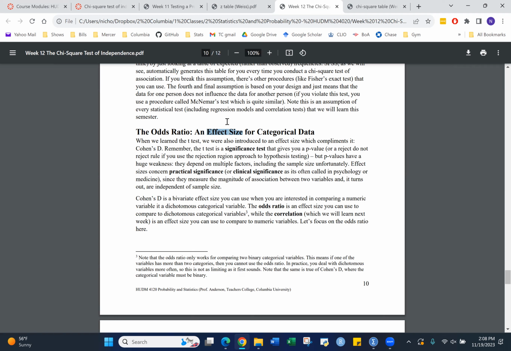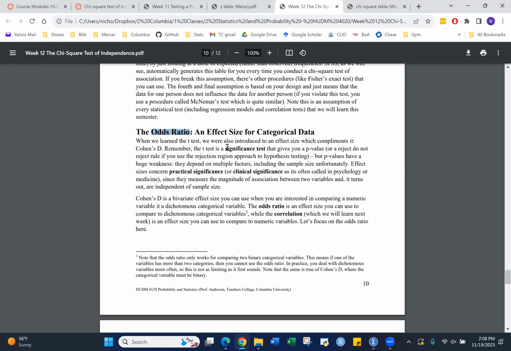On the other hand, if I have 1 million people in my t-test, even the smallest differences turn out to be statistically significant. So this is one of the issues with p-values, in that they are functions of your sample size. But one way to get around that is to complement our p-values with an effect size. So just like we learned Cohen's d is a good complement to a t-test, this week we're going to learn that the odds ratio is a good complement to the chi-square test.